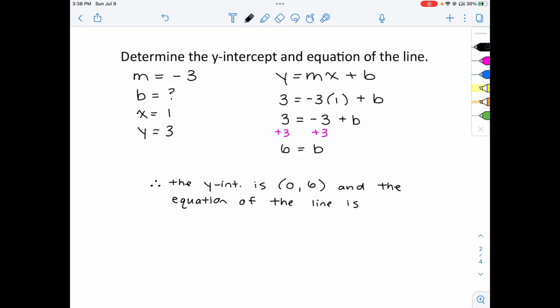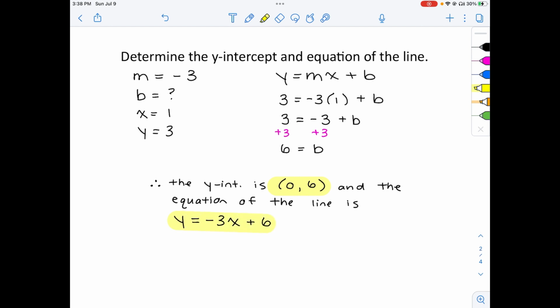So when we are writing the general equation, we just write y and x. We don't need to fill in numbers for them because we could use it for any coordinate values x and y. So we're going to say y equals negative 3x, and then we said b is 6, so plus 6. Okay, so this is the y-intercept.